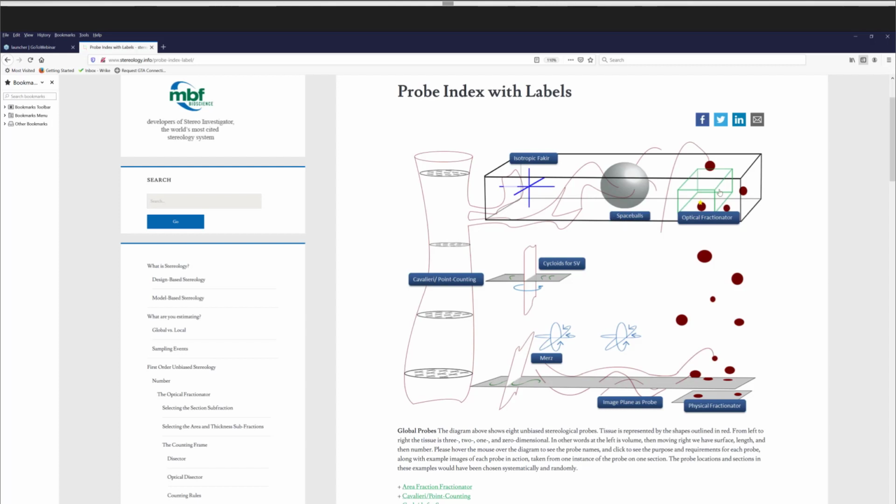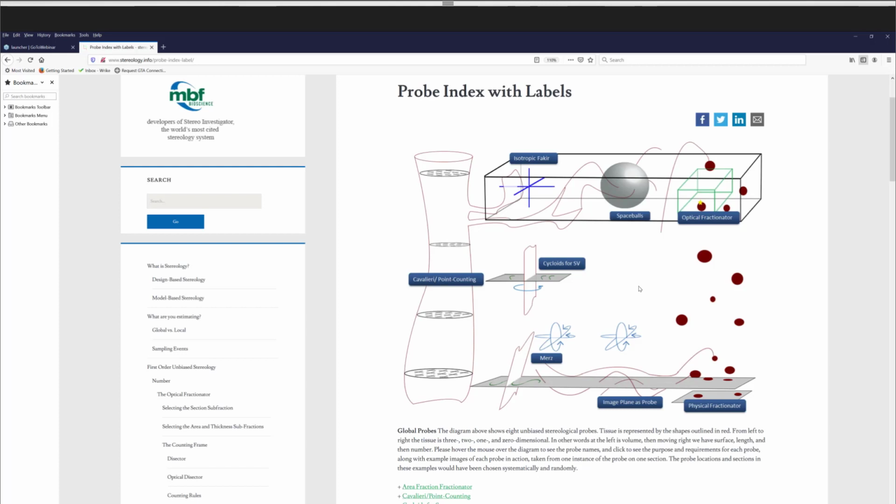To estimate number, we want to be in a three-dimensional situation, and it's easier to do if you have a thick section and use the optical fractionator. If you don't have thick sections for surface, length, and volume, there are thin section probes that you can use. There's an extra step for these probes, though, in that you need to manipulate your tissue block. For instance, this shows an isotropic section. That means you randomly rotate the tissue block in 3 dimensions.